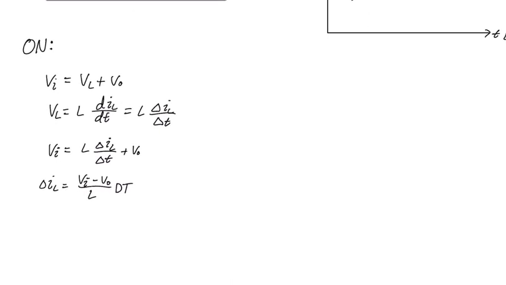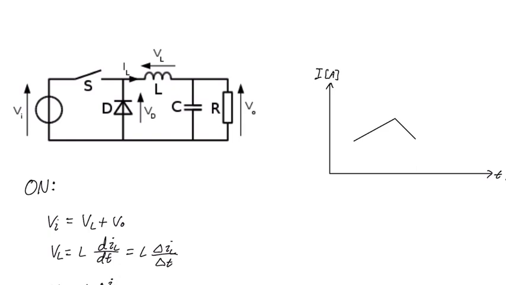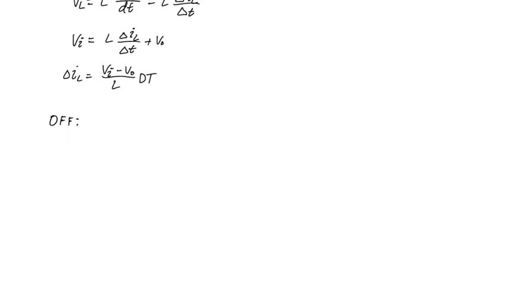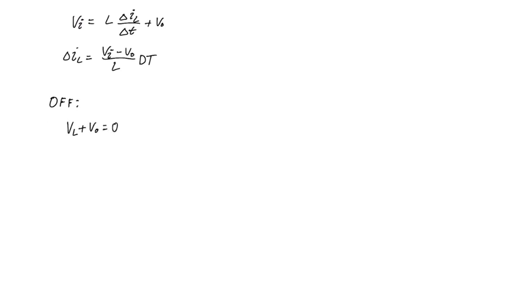So now we want to find out what happens when it's off. So now this switch is open, which means that the current continues to flow this way because of the inductor. And then it will flow like this, that way, which means that the voltage here, VL plus VO, is equal to 0.